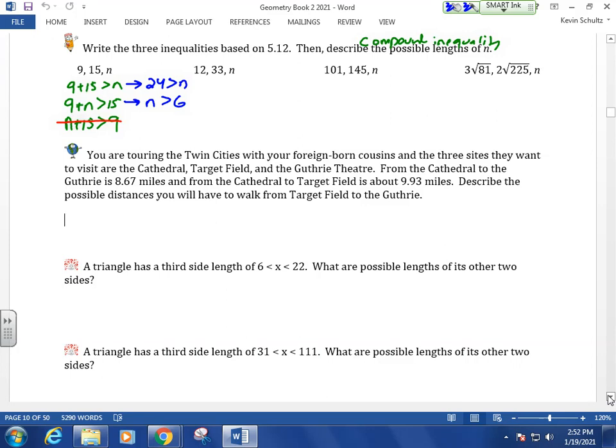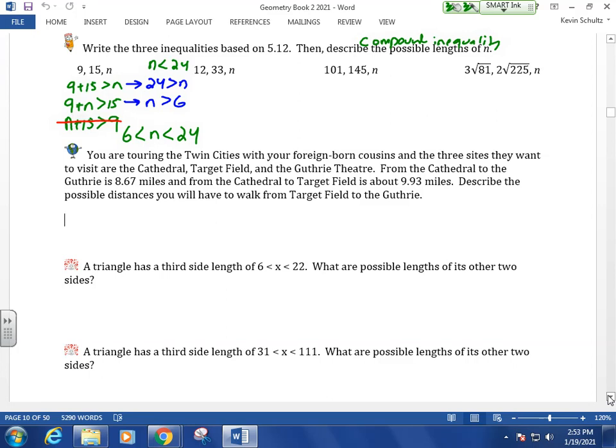Remember that 24 is greater than n is the same as n is less than 24. So if n is less than 24 and n is greater than 6, it means that n is between 6 and 24. Okay? N is between 6 and 24.